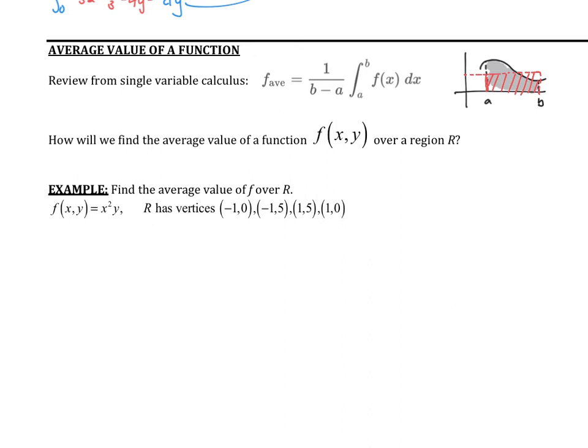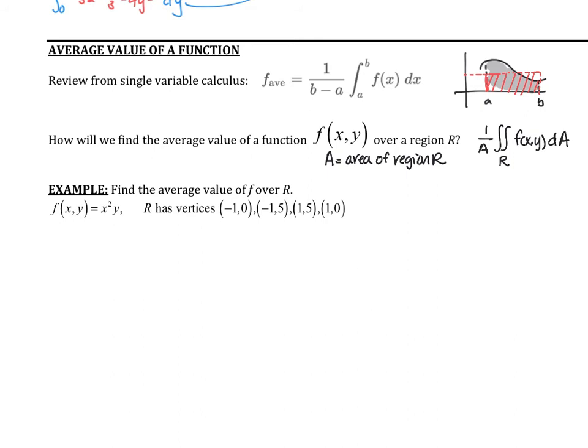Well, if we want to find the average value of a function in 2 variables over a region, if we let A equal the area of the region, we'll call it the area of region R, then the average value would be 1 over A, 1 over the area of the region, and then the double integral over the region of f of x, y, dA.